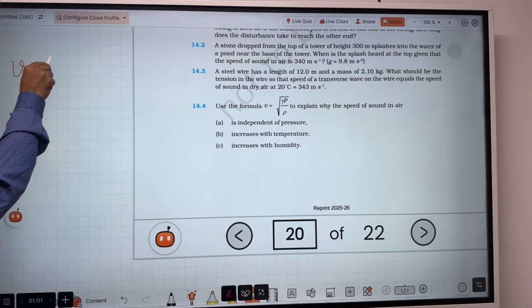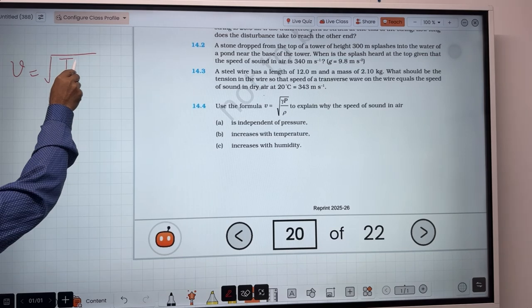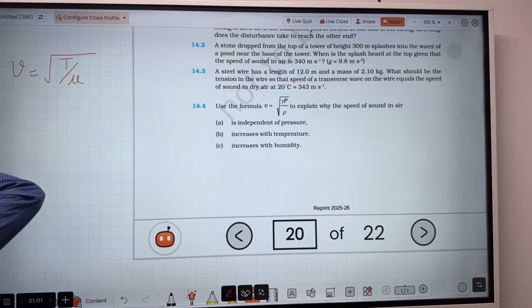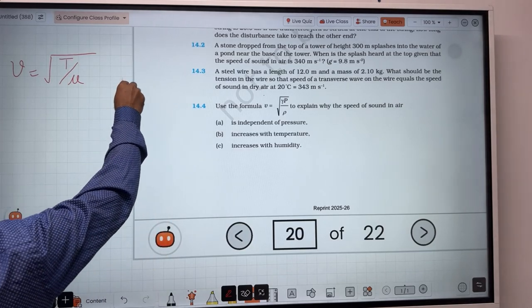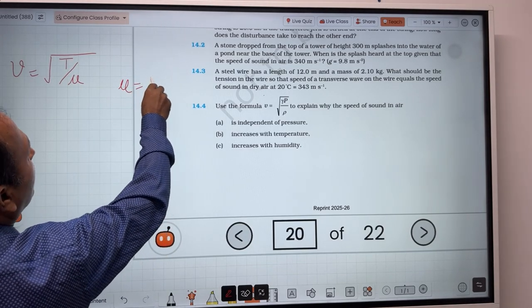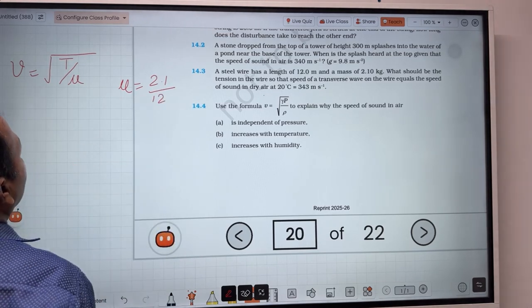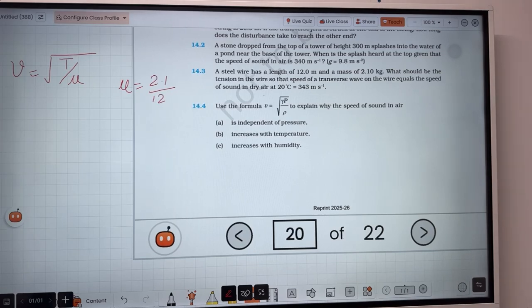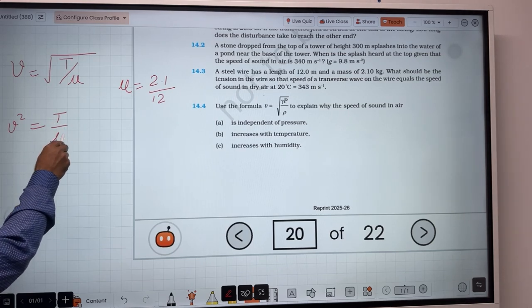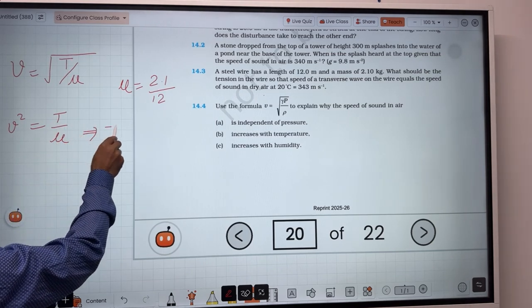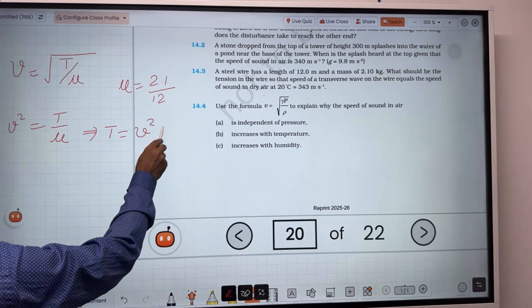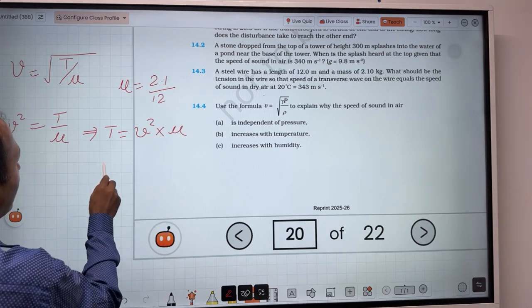Formula says V equal to root T upon mu, right? And here the value of mu is equal to 2.1 divided by 12, right? So this is the value of mu, and we have to find out tension. So let's write it as V square equal to T upon mu, from where we get T equal to V square times mu.